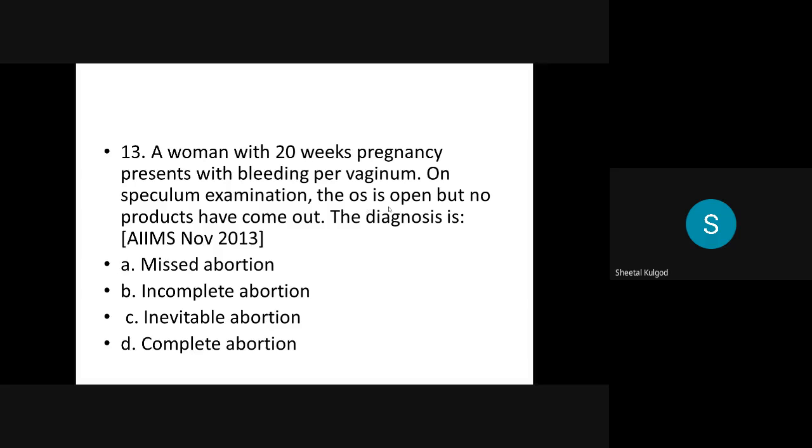The second point they have given here is that the os is open. The bleeding will be there in all the forms of abortion, though it could be a little altered, like in missed abortion, there could be a dark colored, scanty bleeding, whereas in the other three, there is a fresh bleeding. So the second point will help us in differentiating which kind of clinical problem it is.